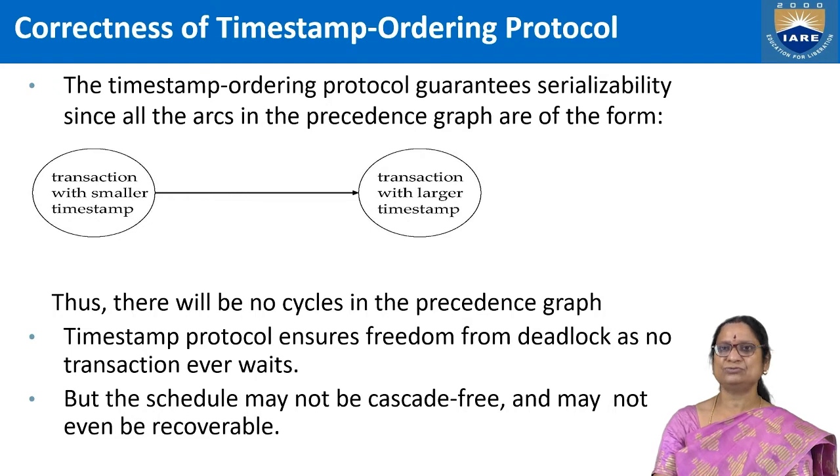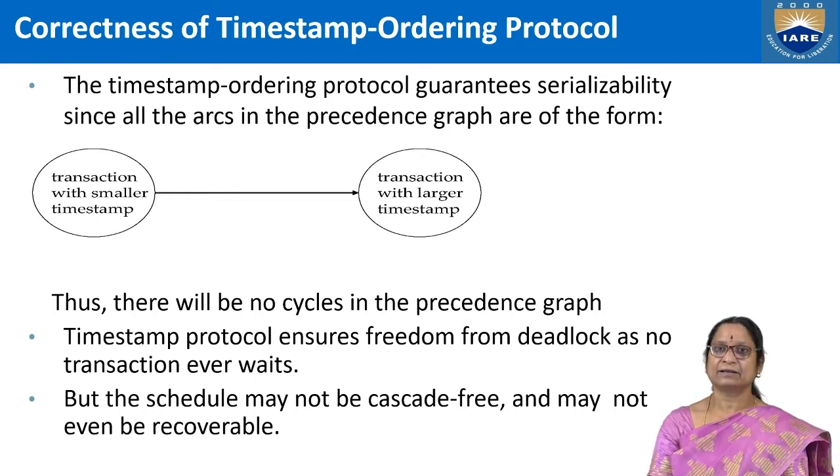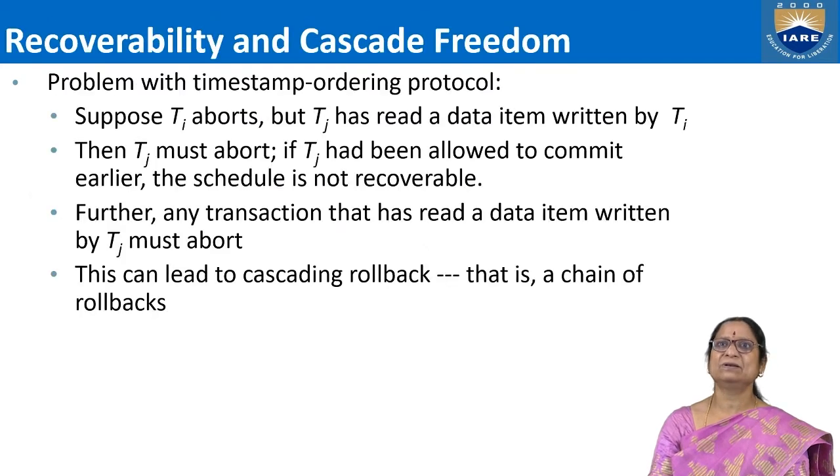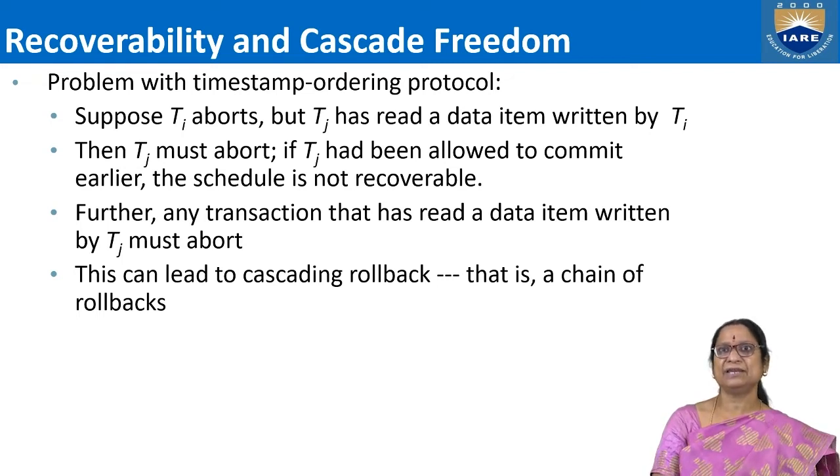So these two, recoverability as well as cascadeless schedules, are not guaranteed with the timestamp based protocol. Recoverability and cascade freedom are the problems with the timestamp ordering protocol. Suppose Ti aborts, but Tj has read the data item written by Ti.